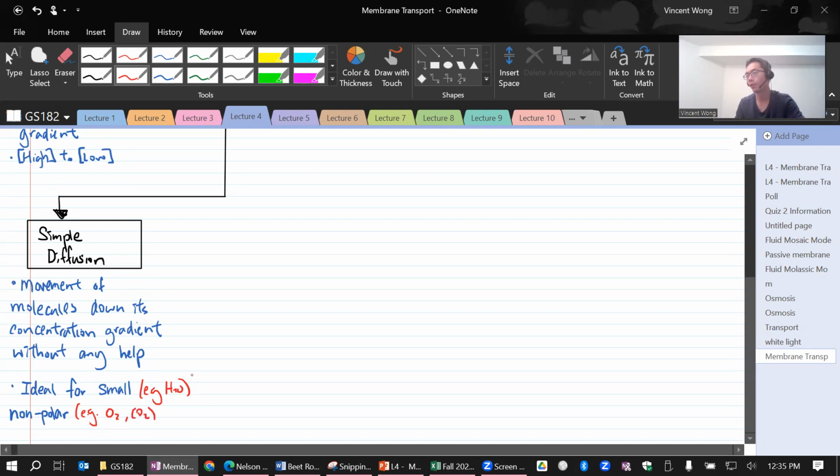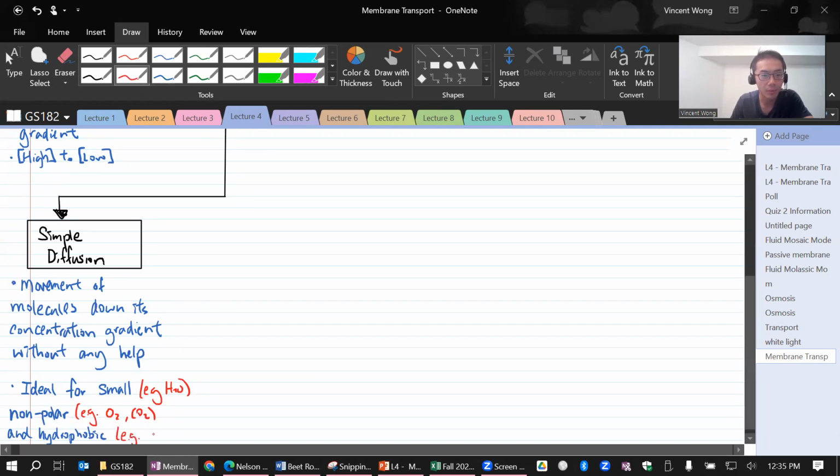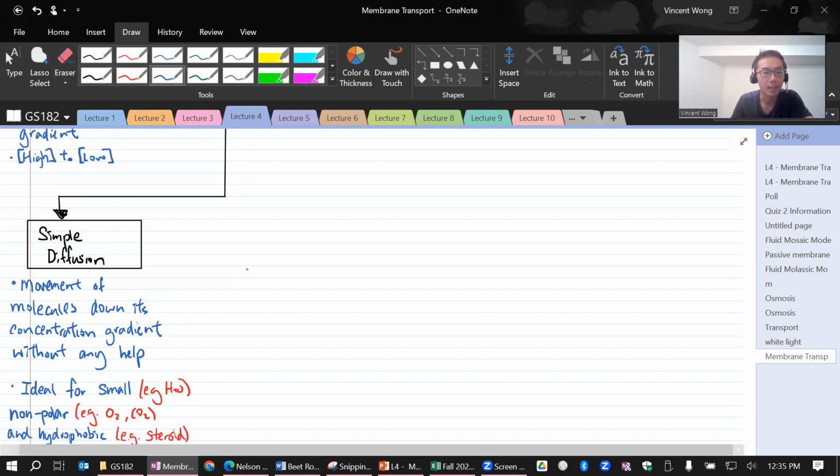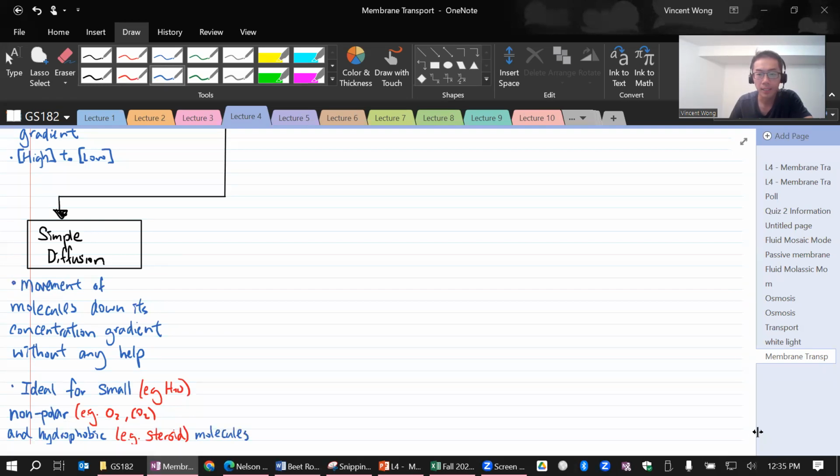So these are non-polar molecules. They have even distribution of electrons. And hydrophobic, such as steroid molecules. Okay.